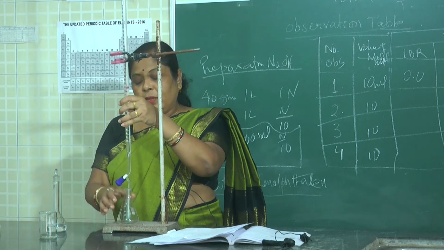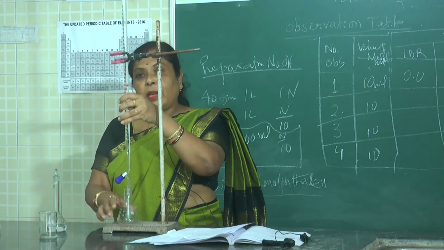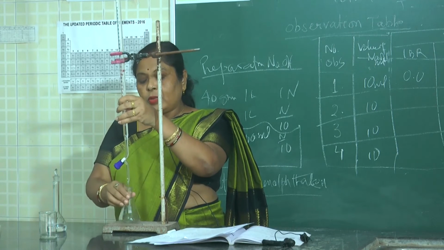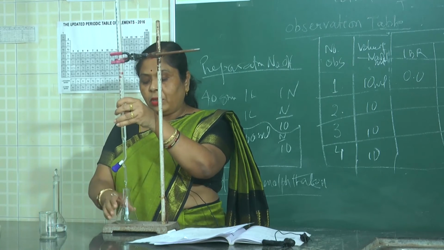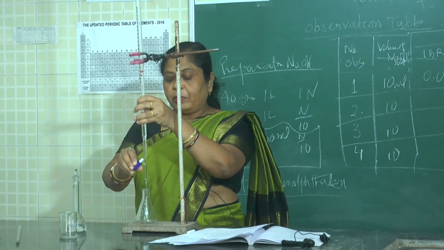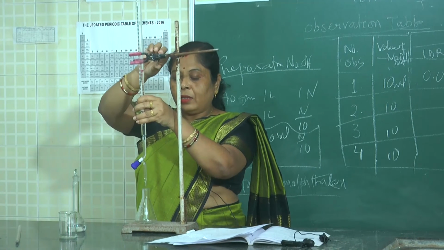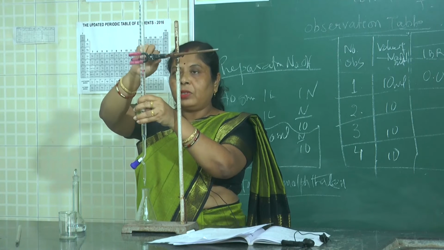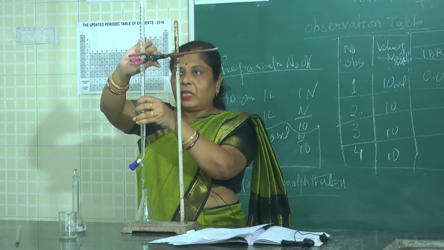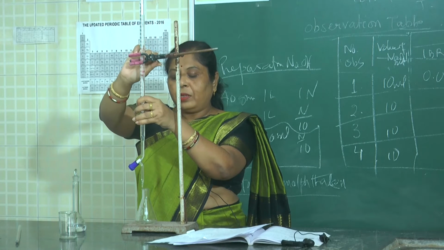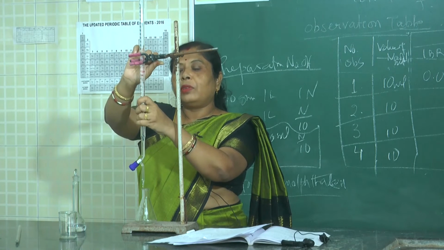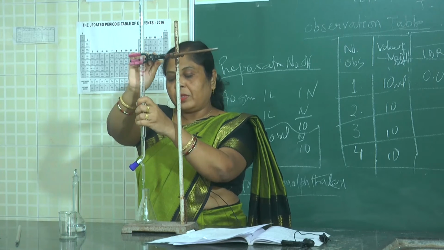It should not be inside the conical flask, or else it will have problems in taking out, and neither should it be too high, so that the solution cannot get into your conical flask. The tip of the burette and the conical flask should be close to each other, and you fix it. Just tighten so that the burette gets fixed, and make sure before leaving your hand that the burette is fixed.